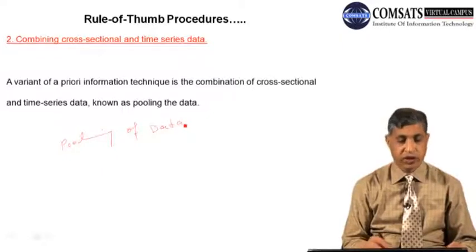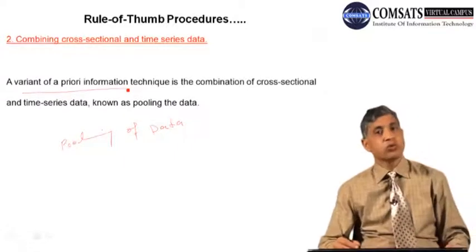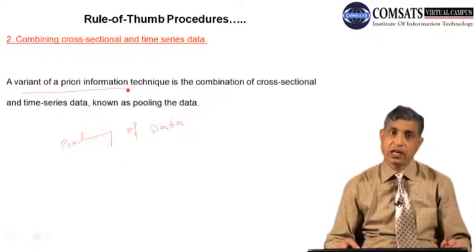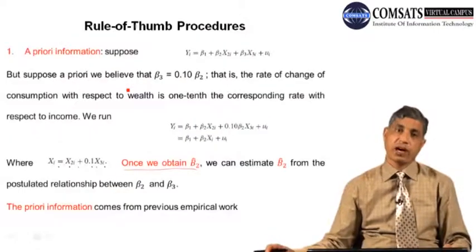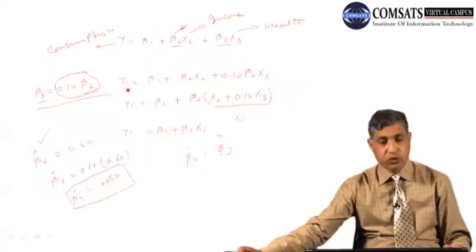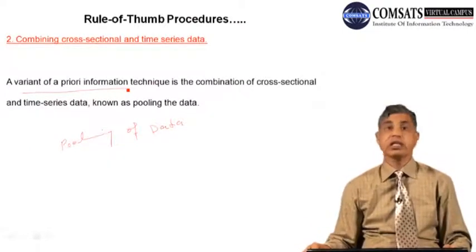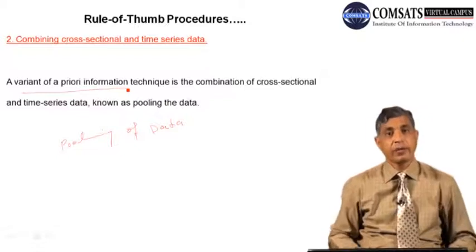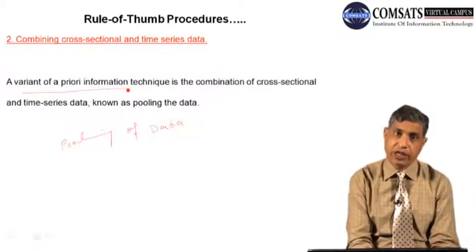So what you are doing is a variant of prior information. I suppose that you have no prior information, so you do not use this technique. But if you are unable to find the prior information, it doesn't mean that you are unable to find a remedy for the multicollinearity.